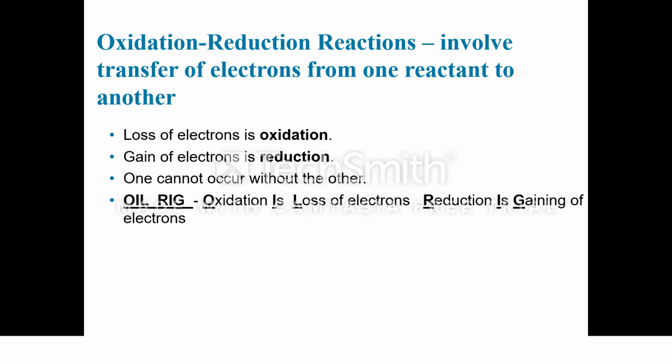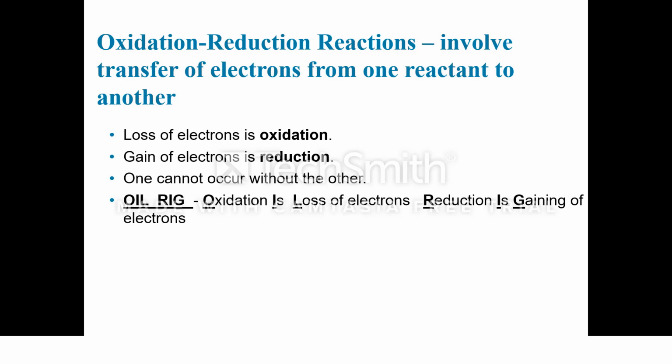This is an initialism to help you memorize that oxidation is loss of electrons, OIL, and reduction is gaining electrons, RIG.